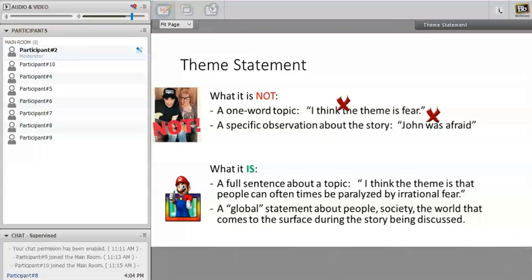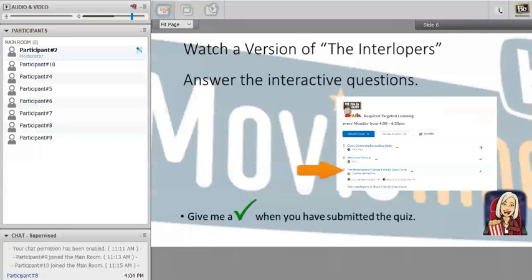Okay, so I've made a general statement, and I saw this played out in the movie or the book. I think that's what the author's trying to point out. Or it's a global statement about people, society, the world, okay? And so keep those in mind as you come to the conclusion of what you think the theme is.